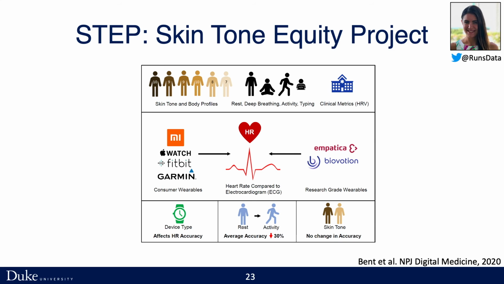And so what we found was that across the different skin tones, we didn't see a change in accuracy as we had expected. And I think this is one of the reasons why this type of study is so important, in that there was a lot of anecdotal evidence, and I think that this probably motivated companies to really work on their detection algorithms and the way that they record PPG signals.